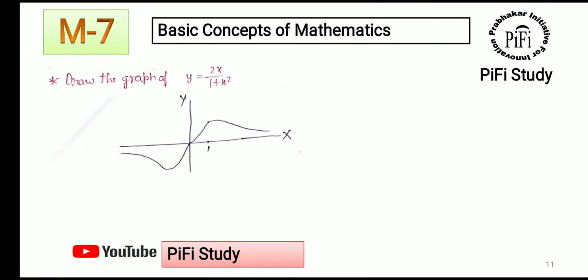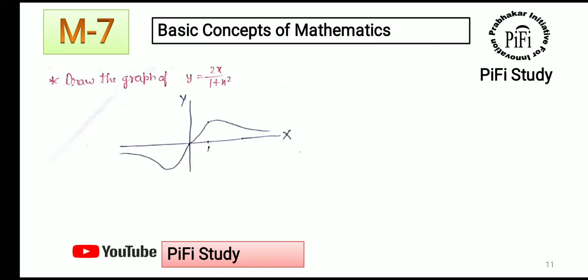Then if you have to draw the graph of y is equal to 2x upon 1 plus x square, how to draw it? First draw for the positive portion. In the positive portion put x is equal to 0, then you will get y is equal to 0. Put x is equal to 1, then y is equal to 1.